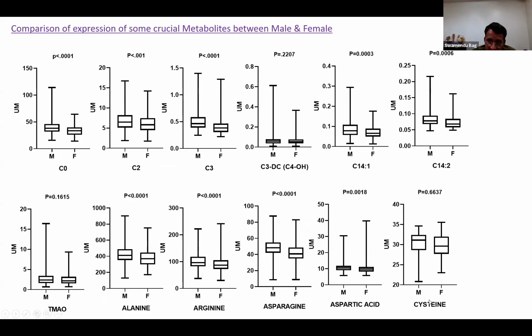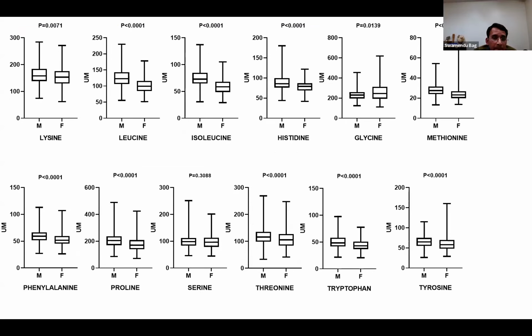But most of the amino acids, except cysteine and serine, all of the amino acids have significant overexpression in male compared to female in Indian populations. It has with the alanine, arginine, asparagine, aspartic acid, but not the cysteine. Also, lysine, leucine, isoleucine, histidine, not glycine, also methionine, phenylalanine, proline, not serine, because serine and cysteine have some similar structures.